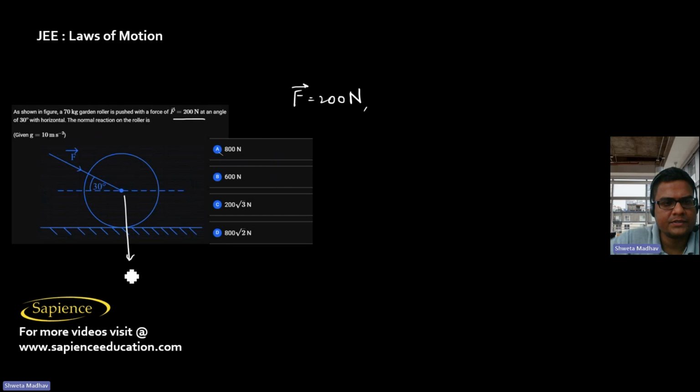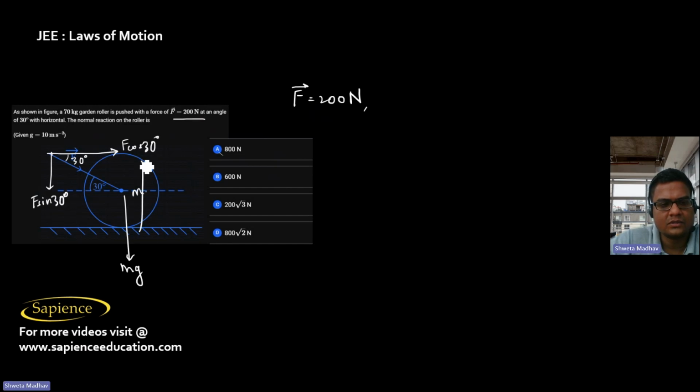So its mass is 70 kg, so mg will act downwards, and F equal to 200 Newton at an angle of 30 degrees to the horizontal. The force component along the horizontal will be F cos 30, and the vertical component will be F sin 30.